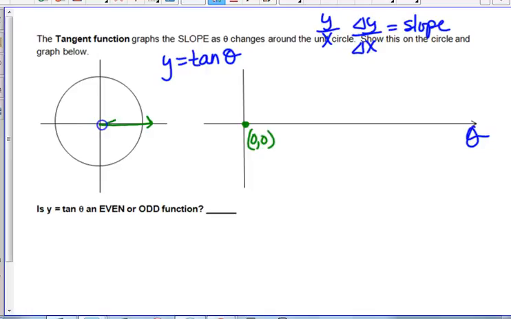As I move around, now just think about the tilt of the line. Okay, I could walk up here, then it gets a little steeper, then it gets a little steeper, then it gets a little steeper. Now, actually at 45 degrees of turn, think about that for a minute.